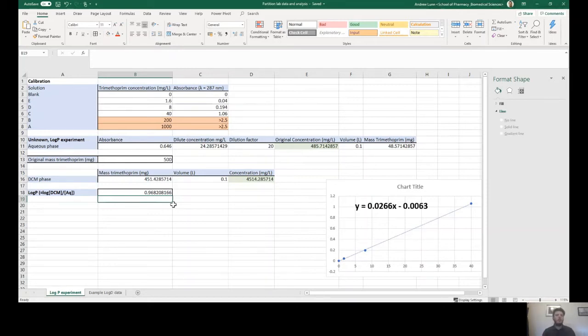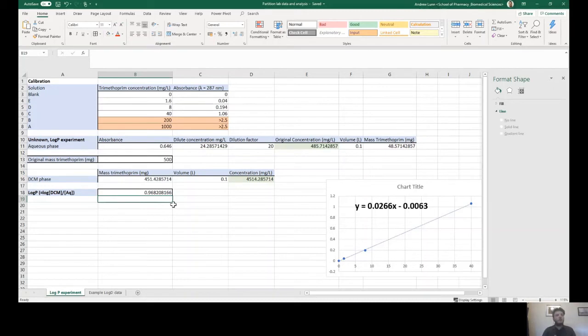So this drug will preferentially, in an unionized form, partition into organic phases over aqueous phases. It doesn't mean it isn't soluble in both. It clearly is soluble in both. But given the choice in a partition experiment, it will preferably go into the organic DCM phase. And that's what that tells you.